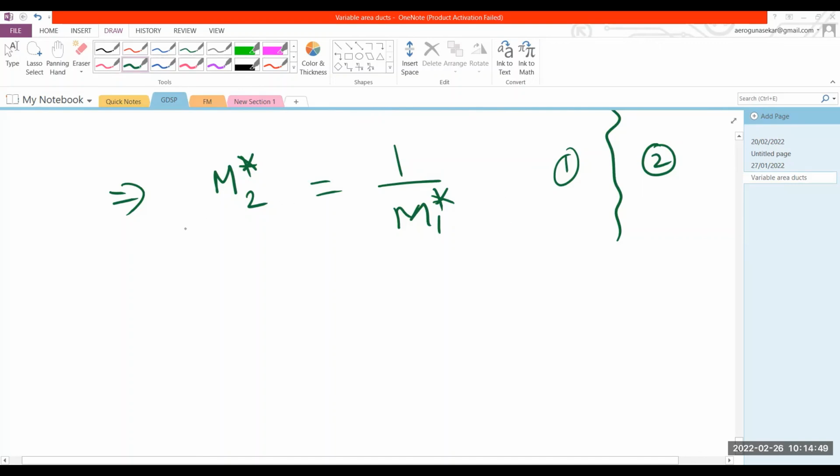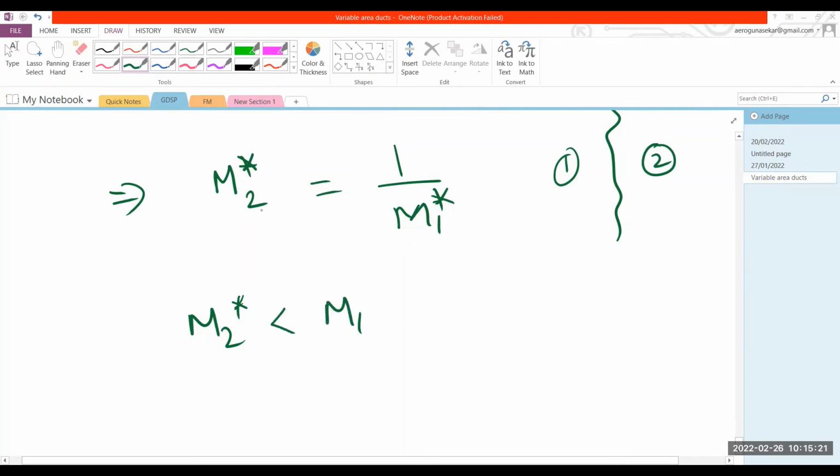If the flow ahead of the shock wave is supersonic, then the Mach number behind it will be subsonic, because the inverse of a large value will be small. So from this we conclude M2 will always be less than M1.